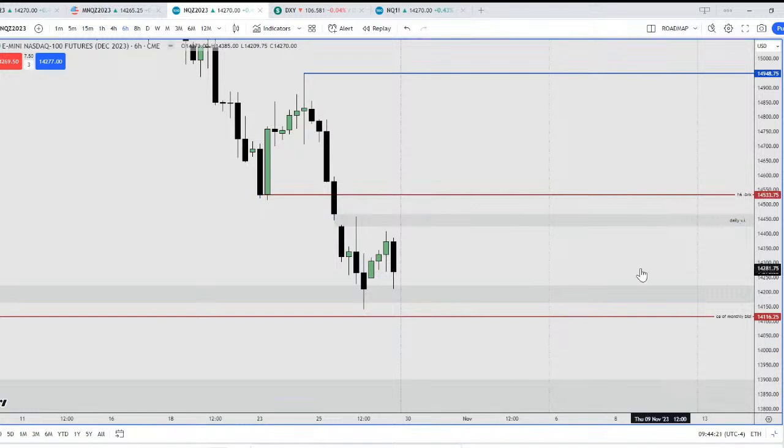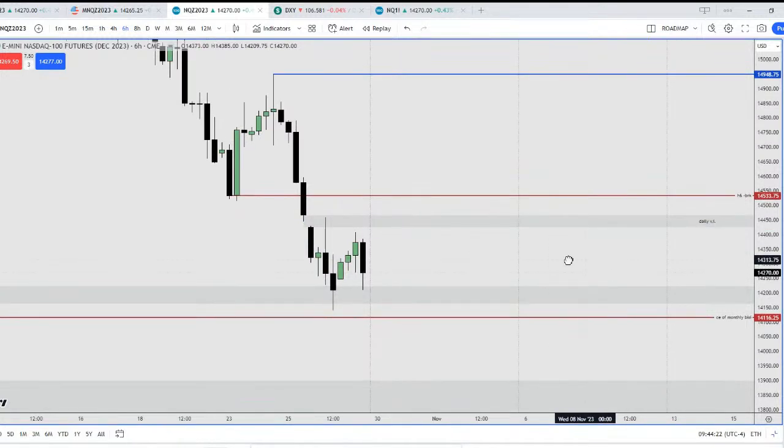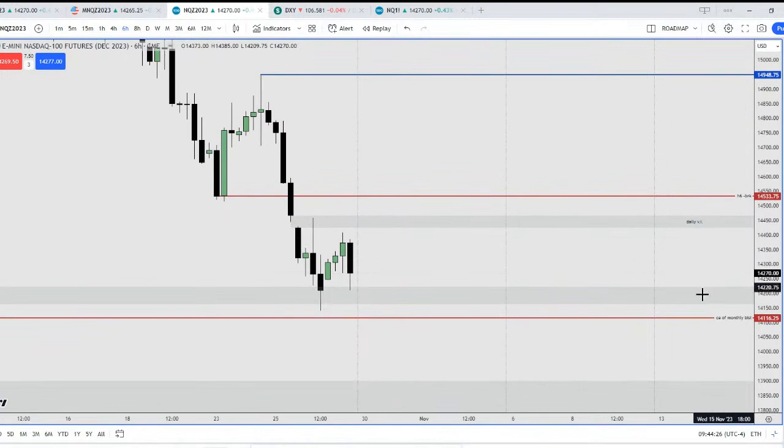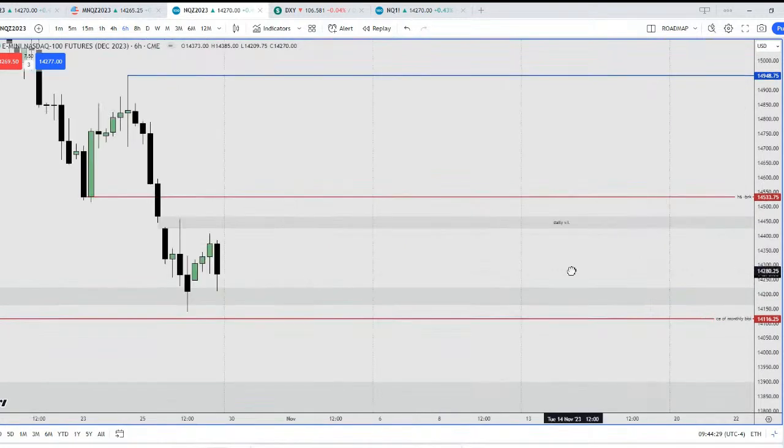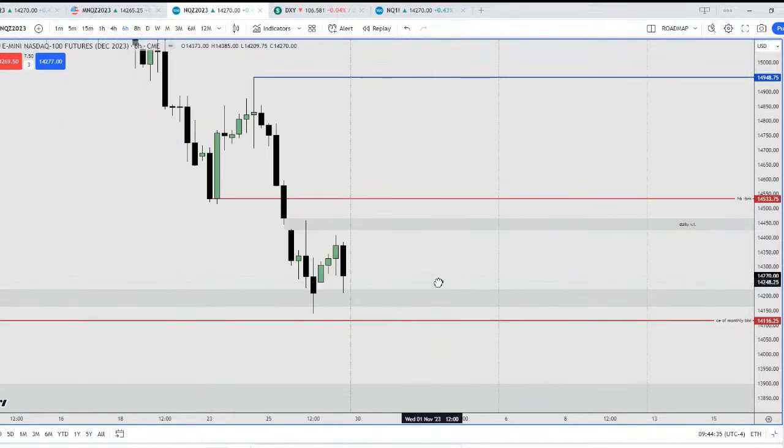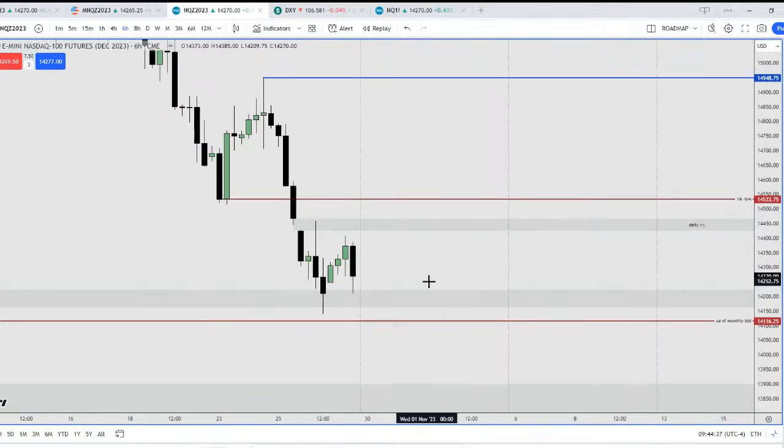On Monday and Tuesday, price may be in consolidation due to Wednesday's high impact news, which is FOMC. So really the best days to trade for next week would be Monday and Tuesday and Wednesday.